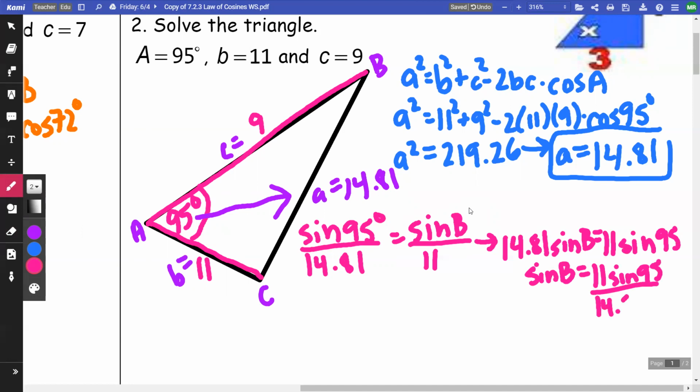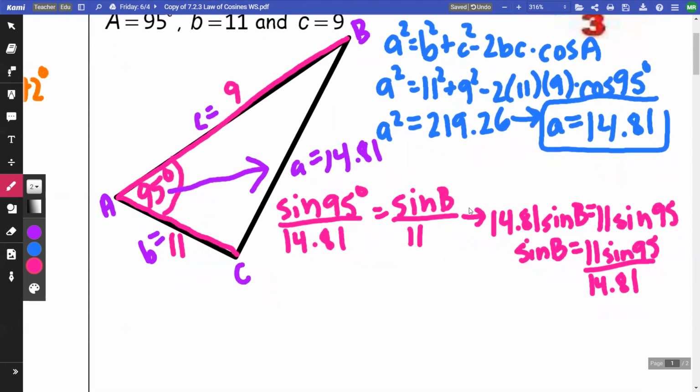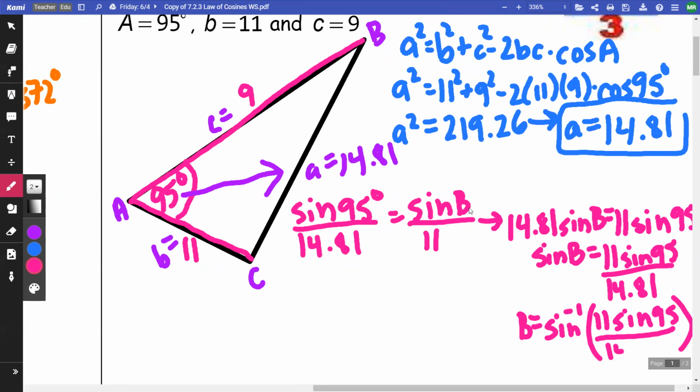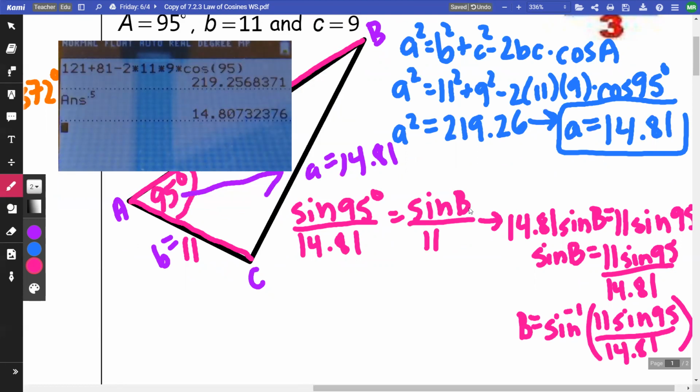And then in this case, I need to find angle B, not sine of B. So to find the angle, I'm going to take sine inverse. So I'm going to take sine inverse of 11 sine 95 over 14.81, and I'm going to put that into my calculator.